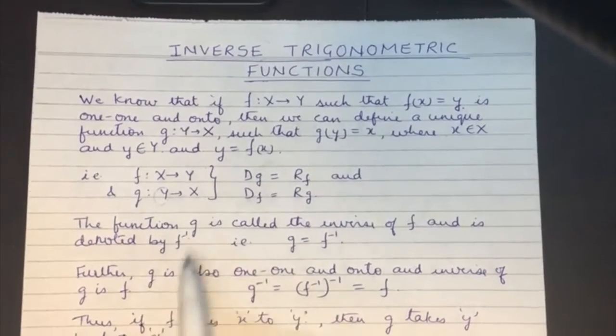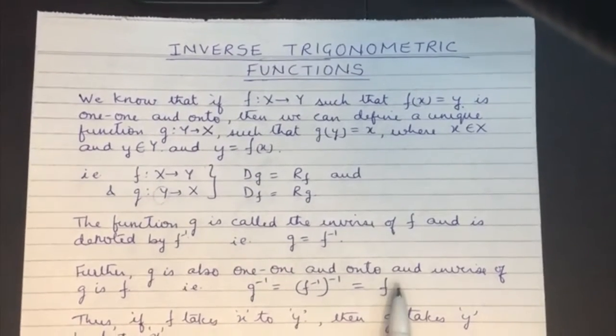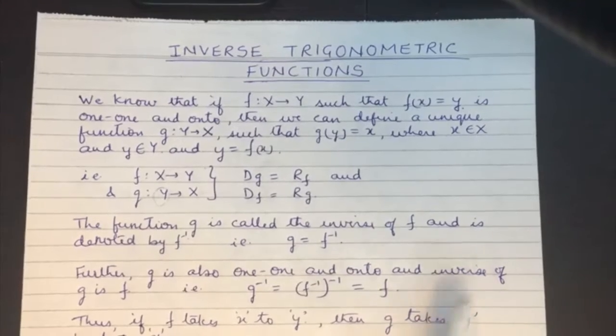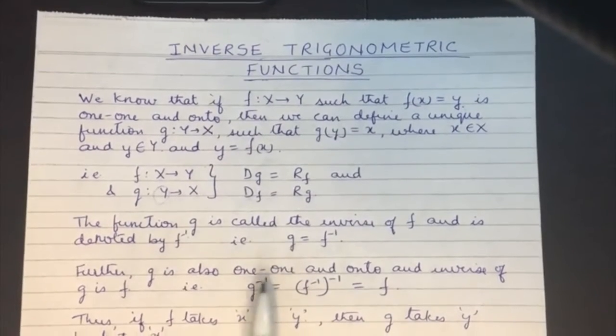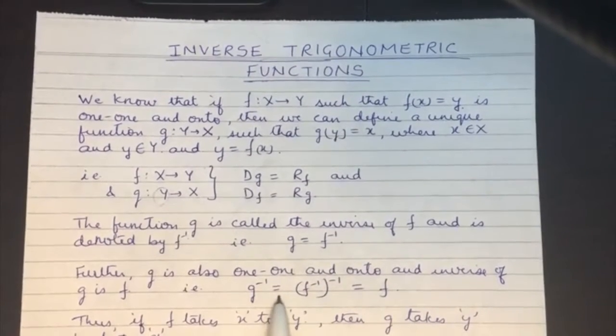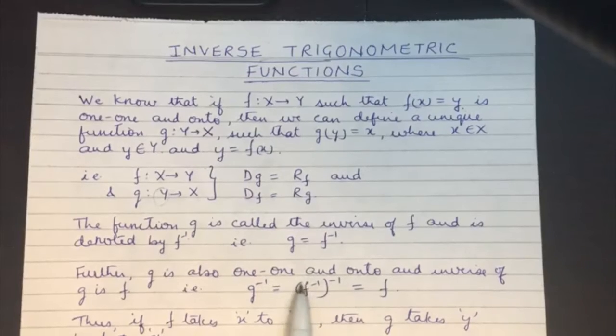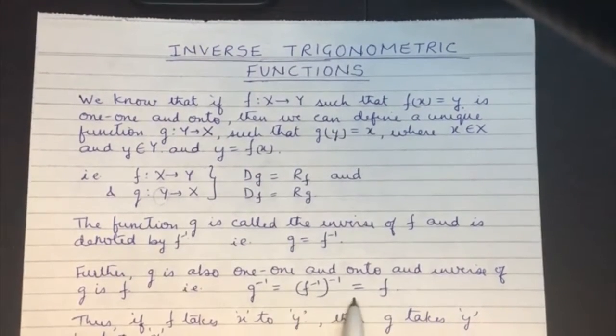Further, g is also 1-1 and onto, and so the inverse of g is f. And how do we get this? You can clearly see that for g inverse, in place of g we will write f inverse, and it becomes the inverse of f inverse, which is f. So what do you observe here?